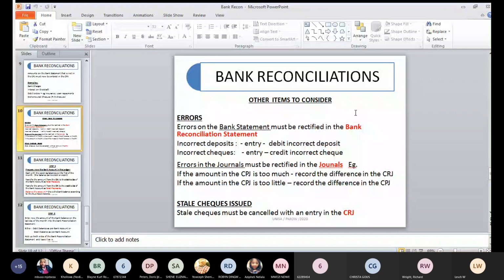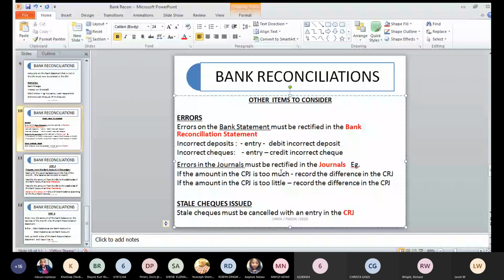But we can also get errors in your journals. Perhaps an amount is incorrectly recorded there. So we can have the following. It is possible that the amount that you have recorded in the cash payments journal is too much.